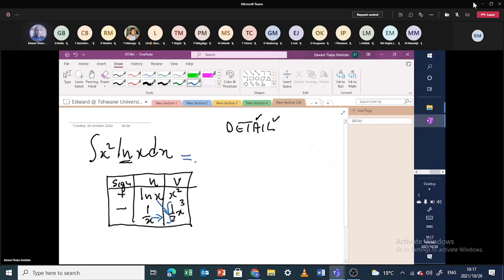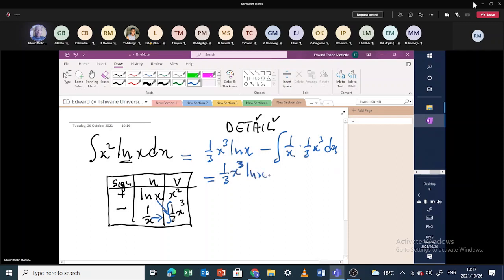So the solution to this one is 1 over 3 x to the power 3 ln x minus the integral of 1 over x multiplied by 1 over 3 x to the power 3 dx. Now integrating, you can see here x and x will cancel out.